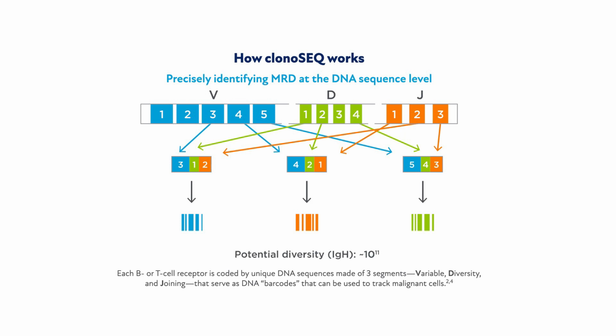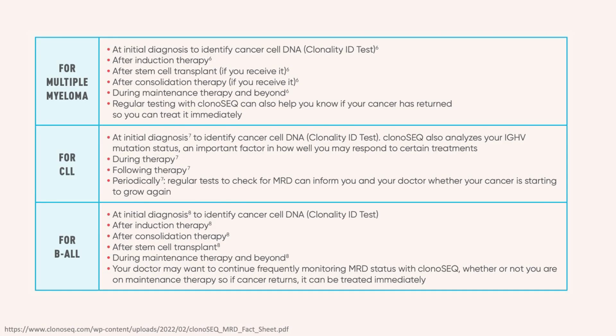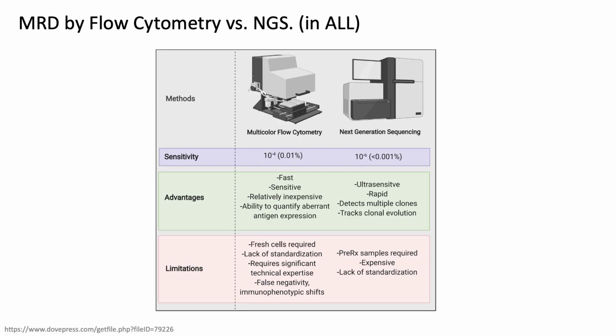So picking one of those clones can be used for MRD monitoring in the patient. It has been approved for multiple myeloma, CLL and B-ALL at initial diagnosis, induction therapy, stem cell transplant, consolidation, etc. So this is being used in many hospitals, especially in the US, I would say.